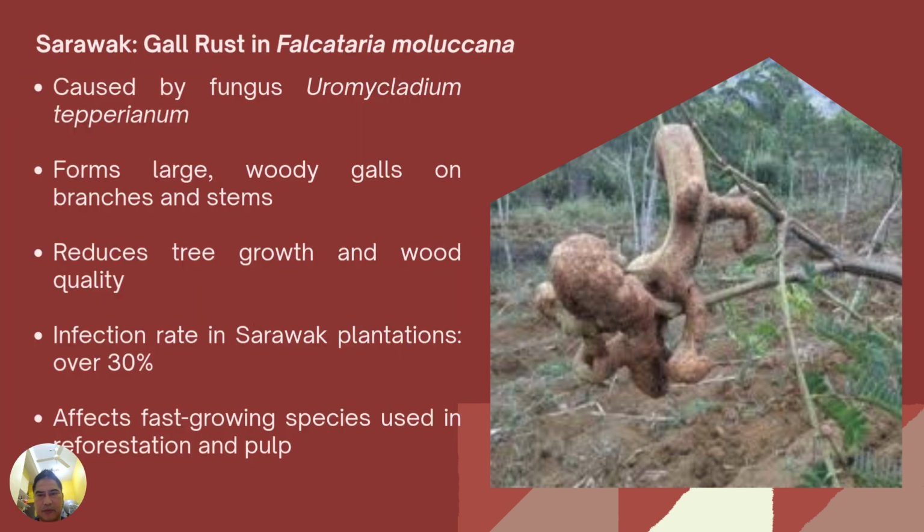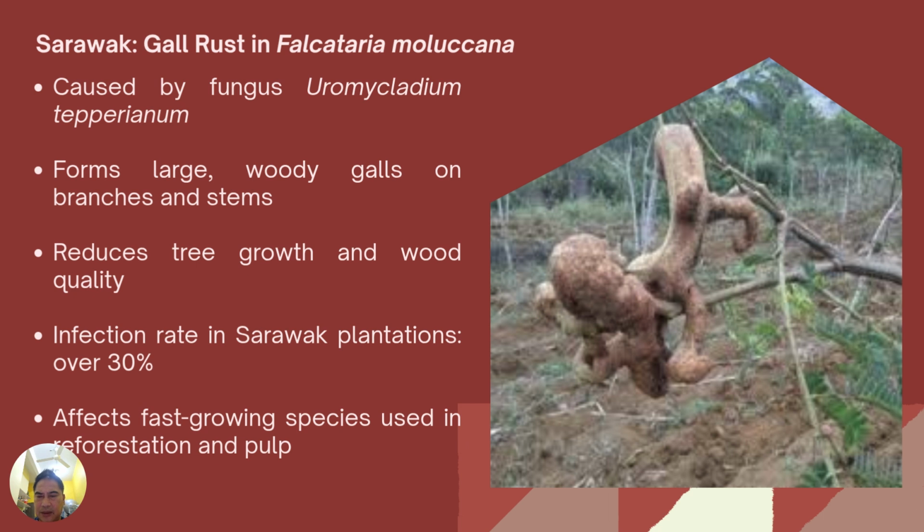So in Sarawak, one of the most serious plantation diseases is gall rust. It's especially in Falcataria moluccana, which is also known as Paraserianthes. It's caused by a fungus called Uromycladium tepperianum. I hope I got it right. Uromycladium tepperianum. Yeah. The infection creates these big swollen galls.